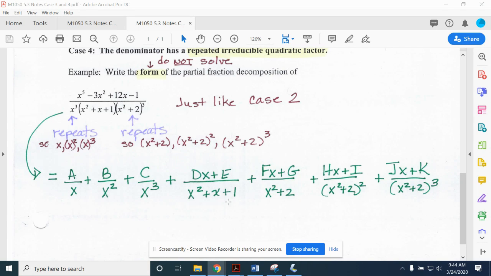Then we get to our trinomial, which is a quadratic. That means the next descending order after a quadratic is an x, a single linear, plus a constant. Therefore, I have to have a number of some sort, Dx plus E, where D and E are just numbers, they're constants. And then we're going to go to our irreducible quadratic that's repeated.